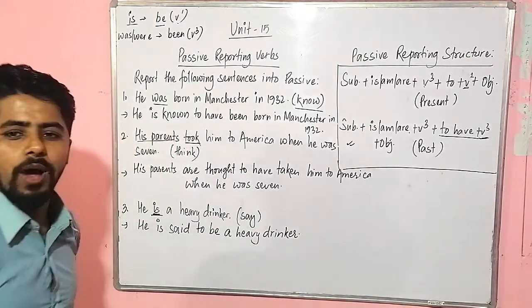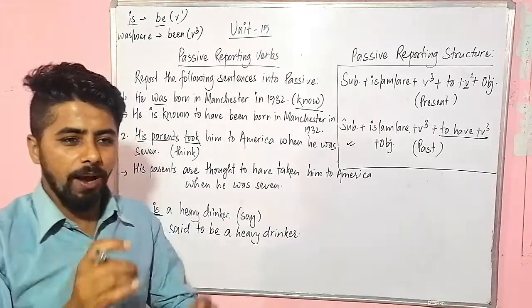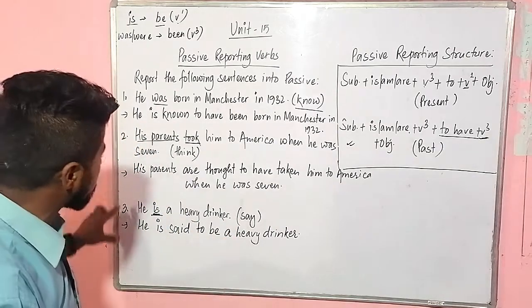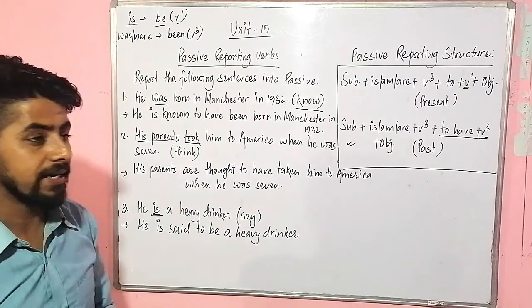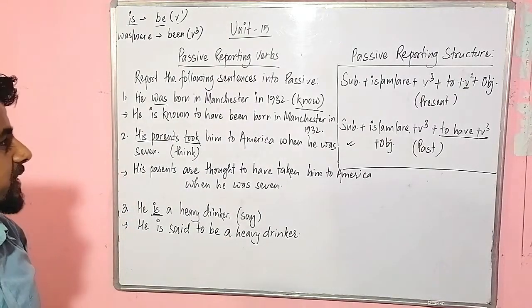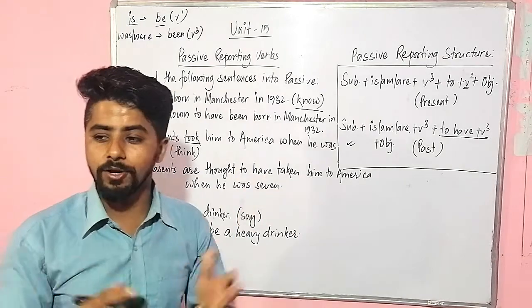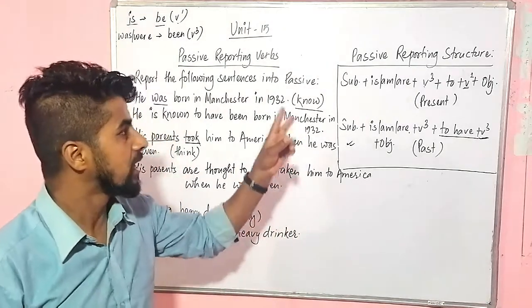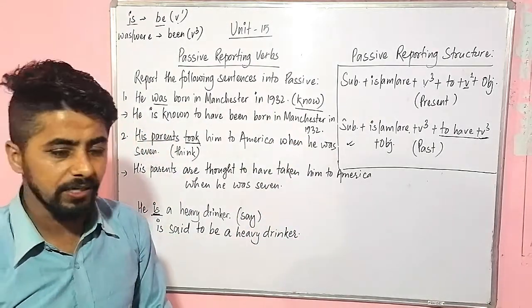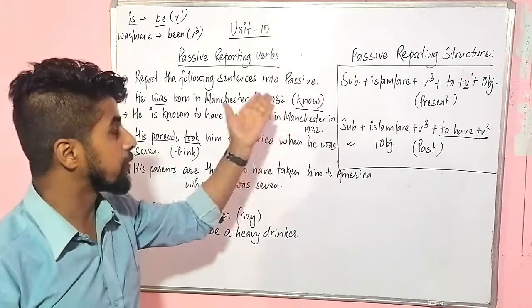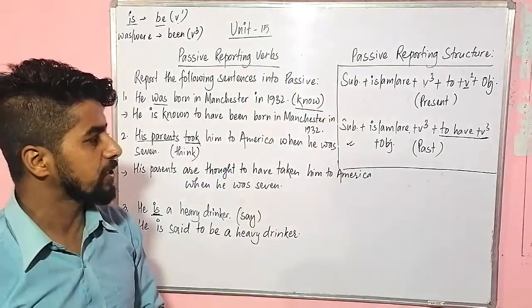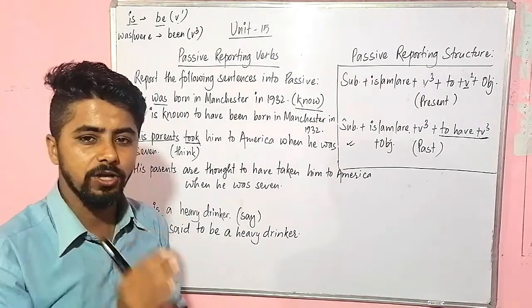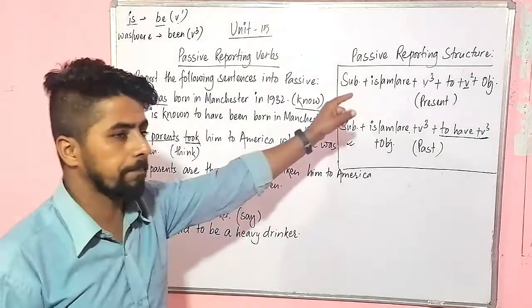In this way, you have to solve all the questions which are given under this heading, passive reporting verbs, okay? And it is one of the important questions for your exam also. Here you have to keep in mind the two basic structures that can be used for passive reporting, and it is of unit 15, okay? I have already told you that subject plus is/am/are plus V3 plus to plus V1 plus object will be used for the present tense.